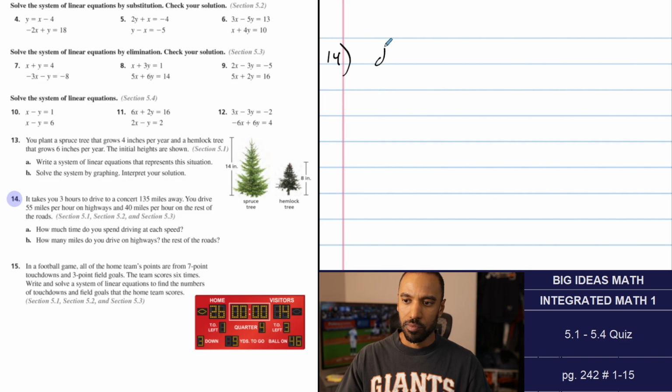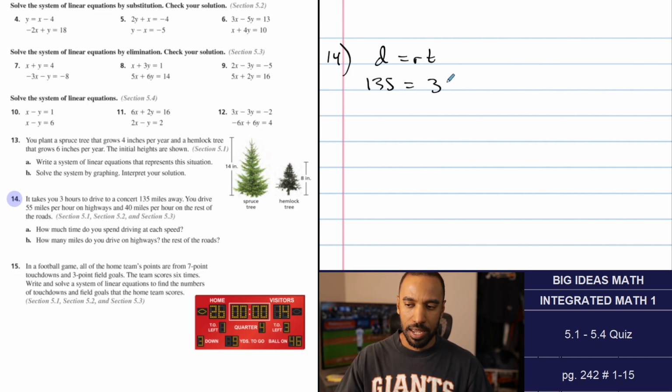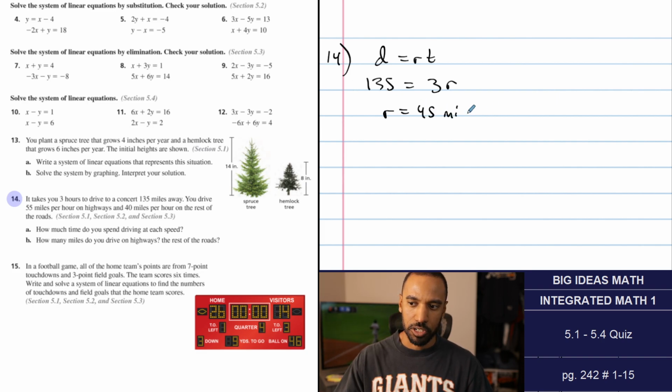So distance equals rate times time. I have to process the problem. 135 miles, rate times time, 3 hours times our rate. Divide by 3, you get a rate of 45 miles per hour on average.